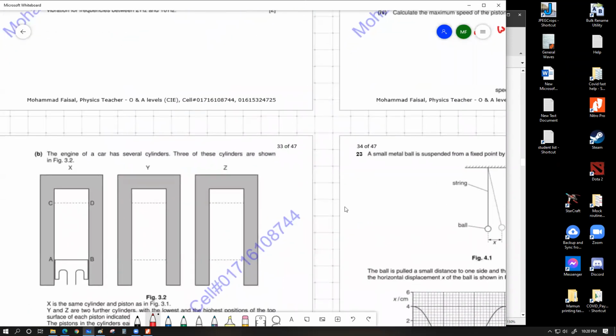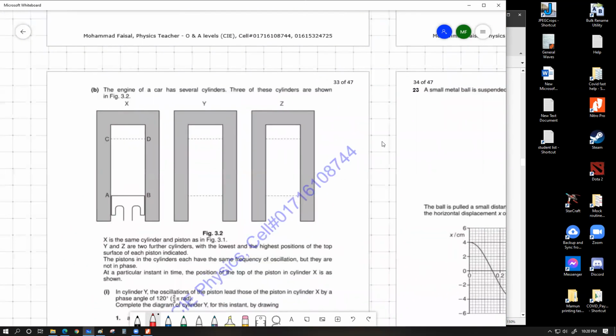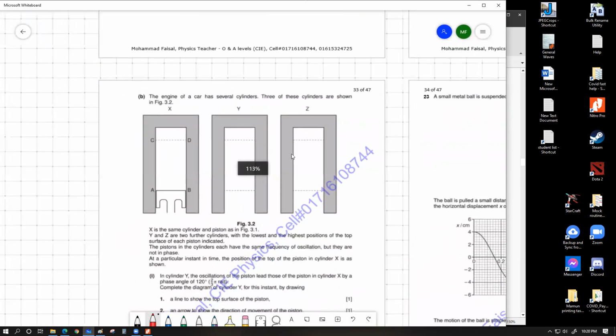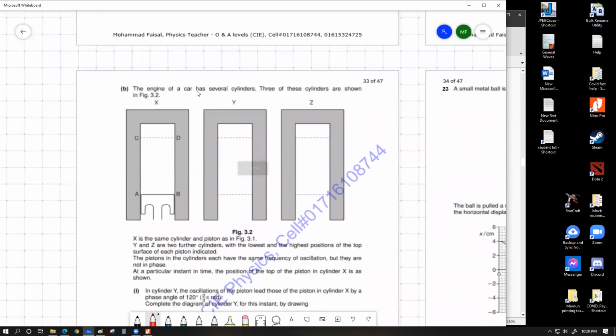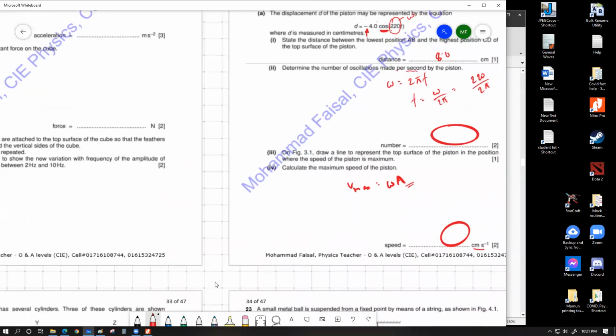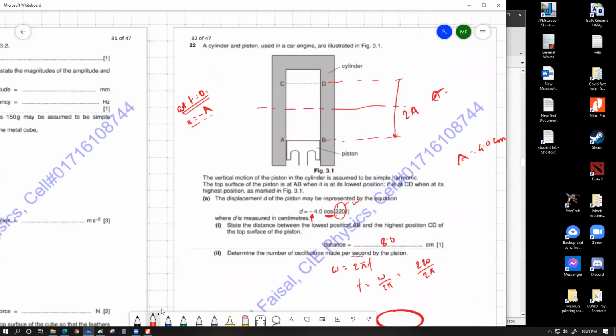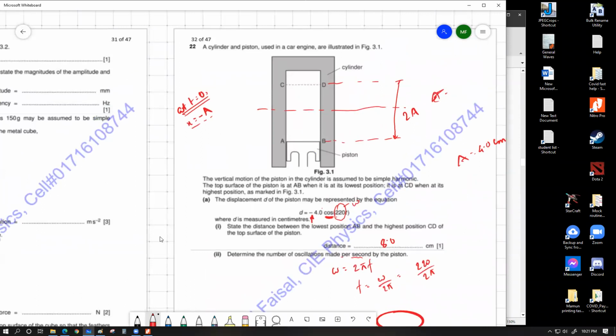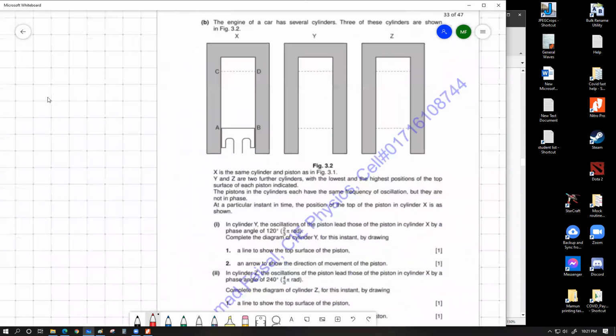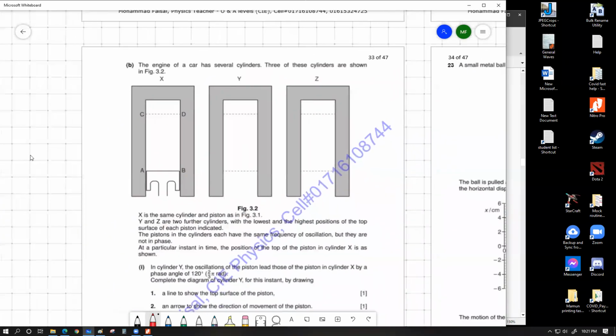This is the question which I'm really interested about. Number B, have a look. The engine of a car has several cylinders. 3 of these cylinders are shown in figure 3.2: X, Y, and Z. They didn't mention which one this is. Okay, already can tell this, sorry.